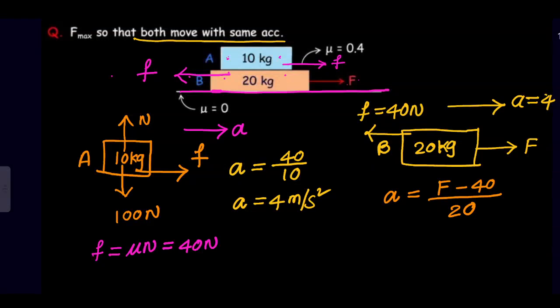Let's find out. The value of a we have is 4. Now 4 into 20 is 80. 80 plus 40 is equal to F. So how much is this force? 120 newtons.